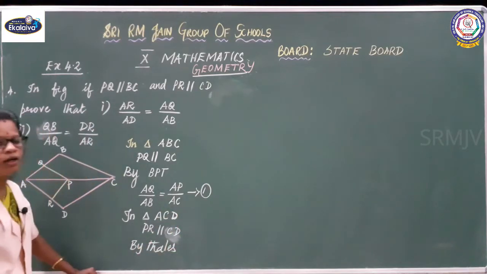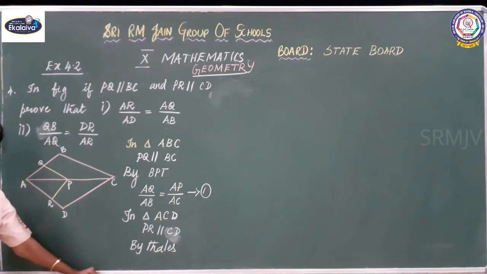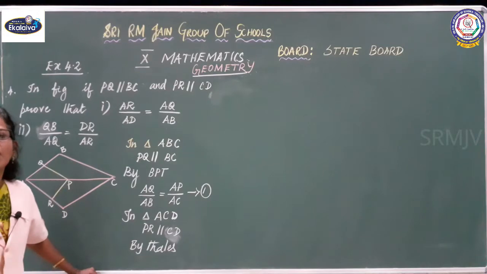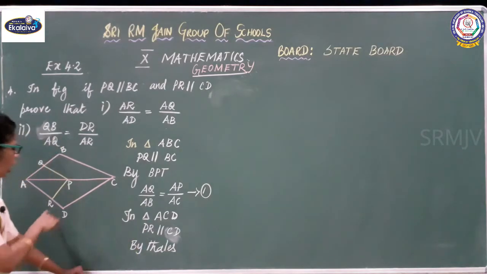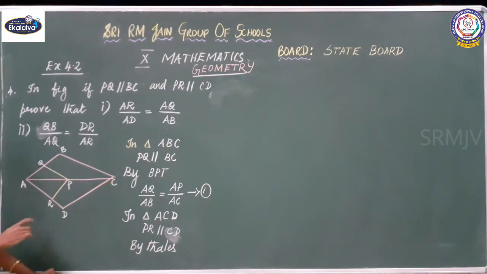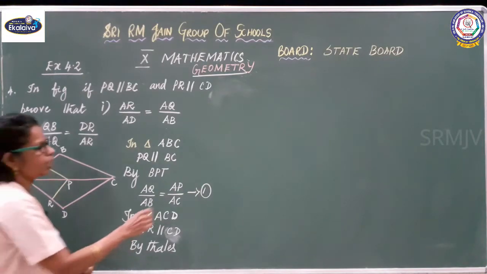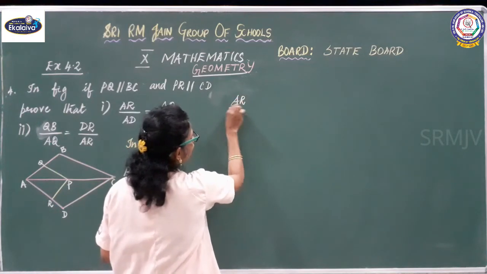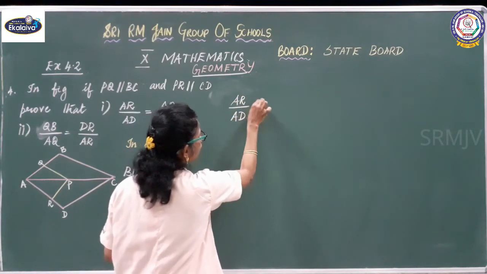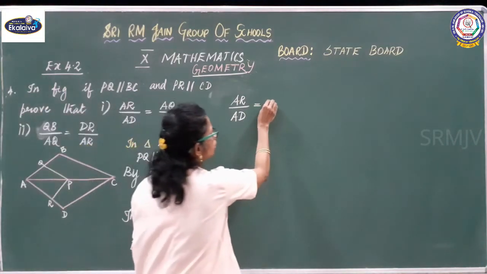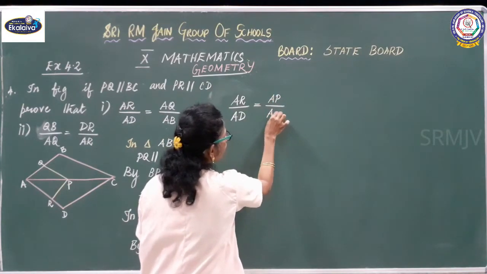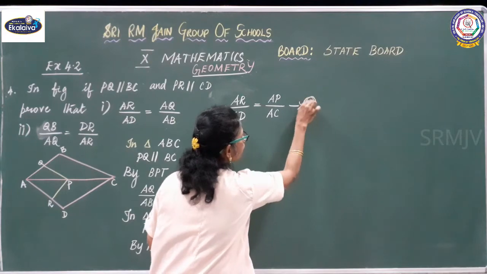Both are the same: if a line is parallel to the opposite side, it divides the other two sides at distinct points in the same ratio. That you have to recall, right? PR is parallel to CD. What is your conclusion? AR divided by AD equals AP divided by AC. That is equation number 2.